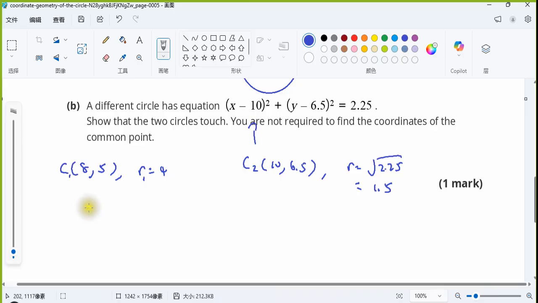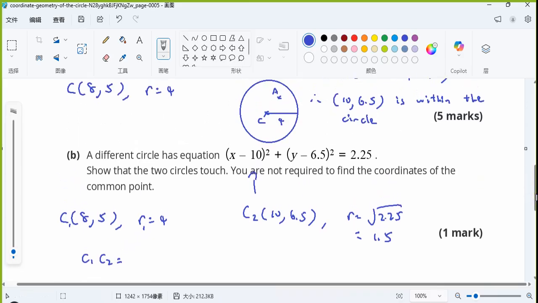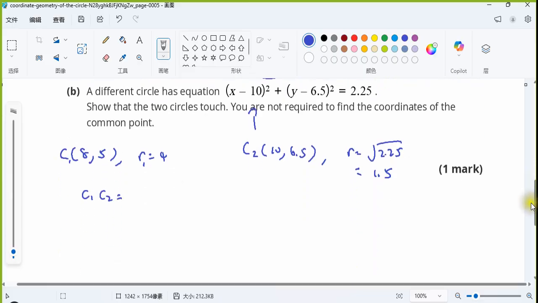So the distance between C1 and C2 is 2.5, which we already found in part A. So the distance is actually R1 minus R2, because 2.5 is 4 minus 1.5. Therefore they touch each other. So these two circles touch each other.